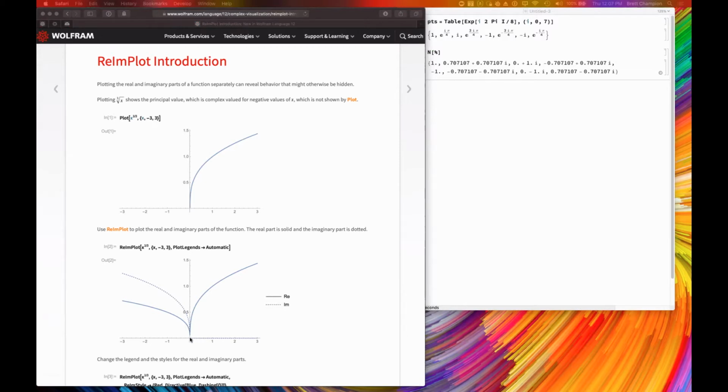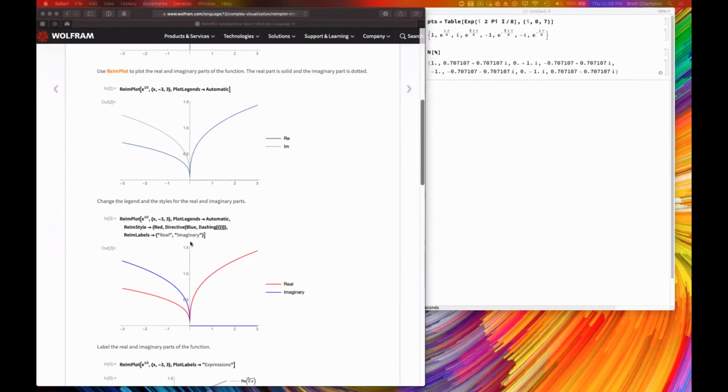And so you can see for positive values of x, we have an interesting real part, and the imaginary component is strictly 0, which corresponds with what Plot was showing us. And then for negative values of x, we see that both the real and imaginary parts are non-trivial, that they both contribute to what's going on there.